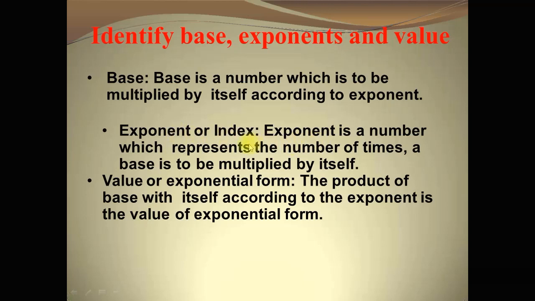Exponent is a number which represents the number of times a base is to be multiplied by itself, and value or exponential form, the product of base with itself according to the exponent is the value of exponential form.